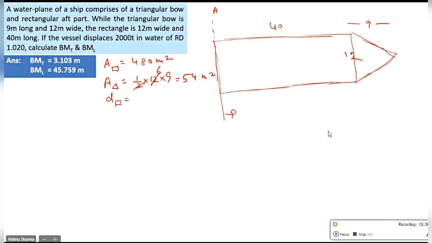D rectangle. What is the distance? 20 meters. What is D triangle from the after perpendicular? 43. Very good. Speak up with confidence. Don't worry. 43, speak loudly. Does everybody agree it's 43, guys?